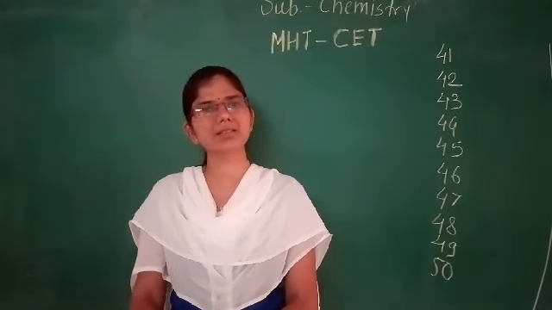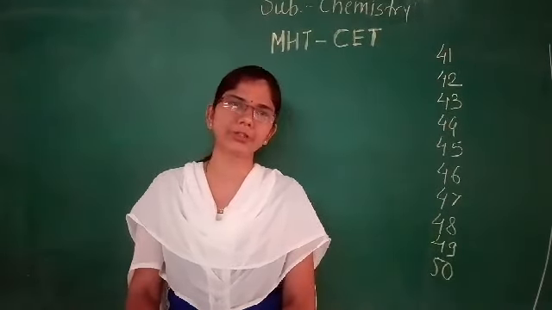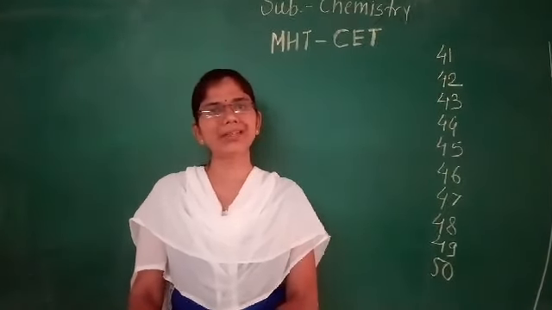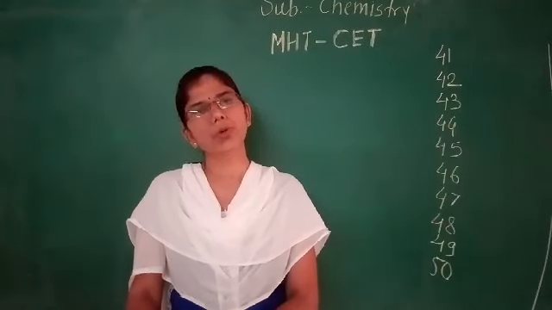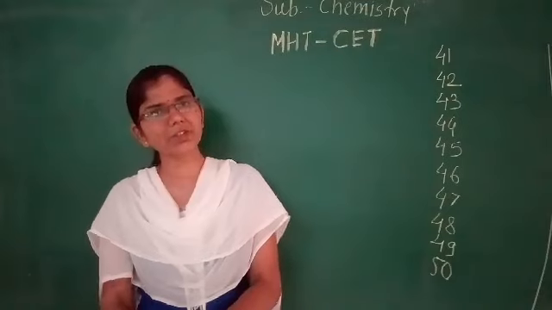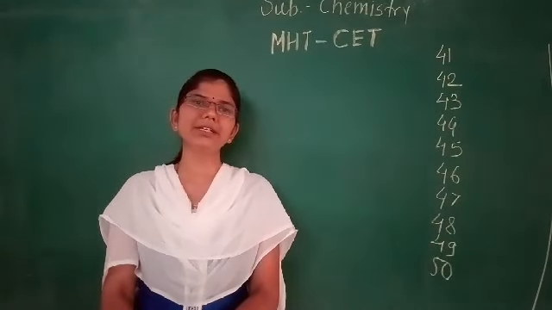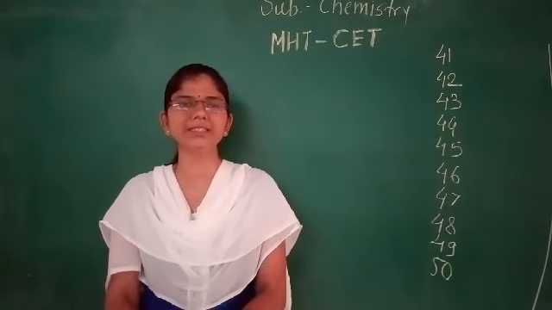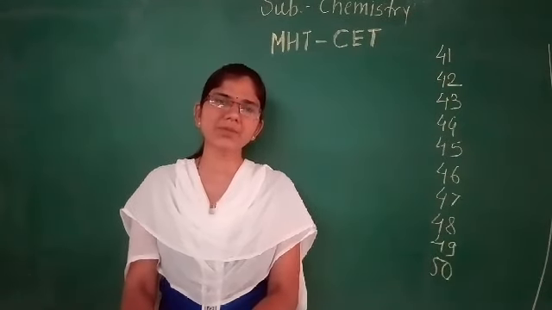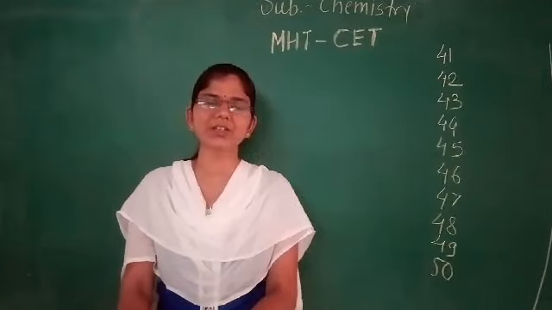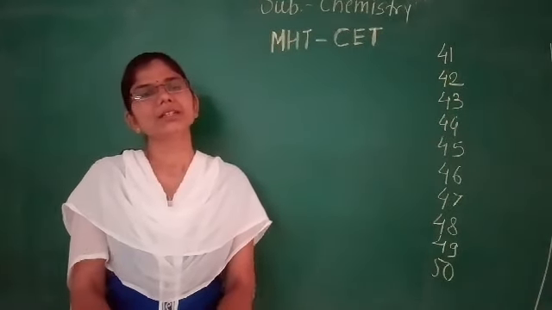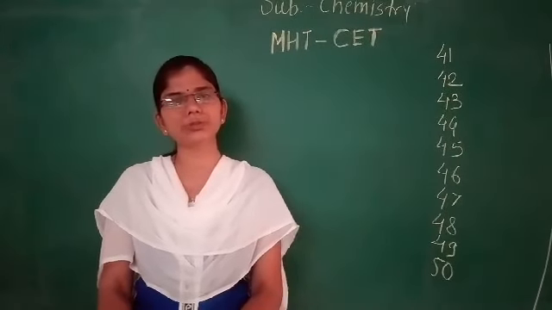But when we discuss the examples on the respective colligative properties, let us first revise some points together. The colligative properties are the properties of a solution which depend on the number of solute particles.